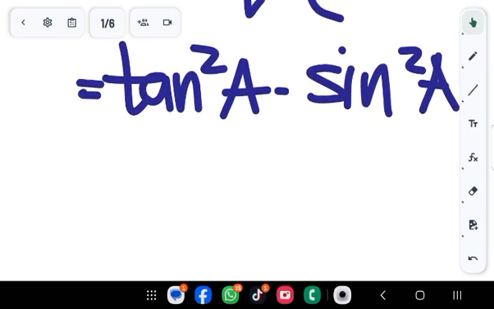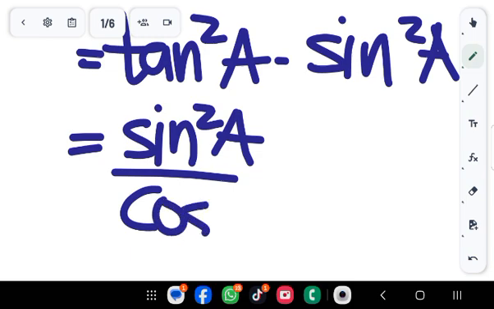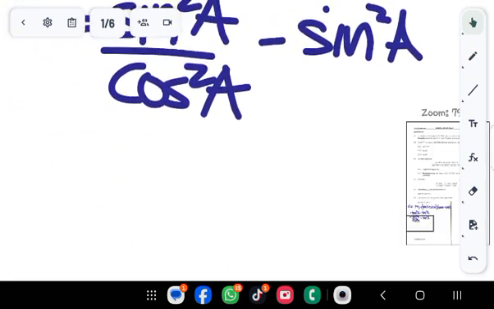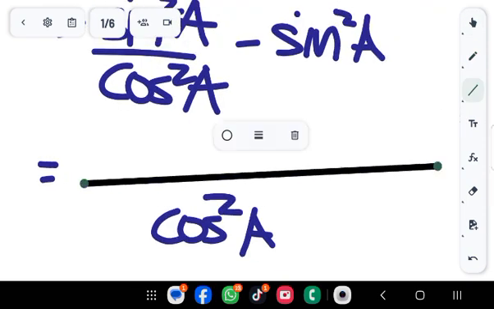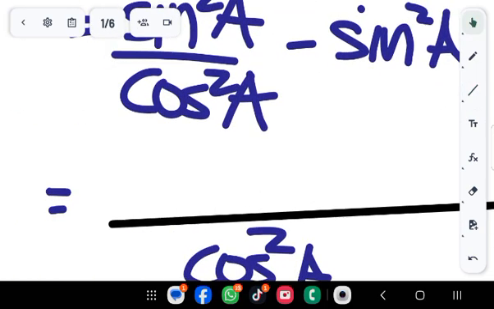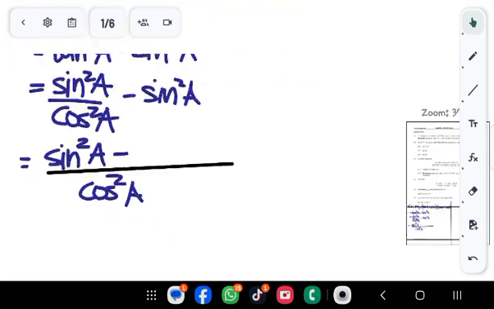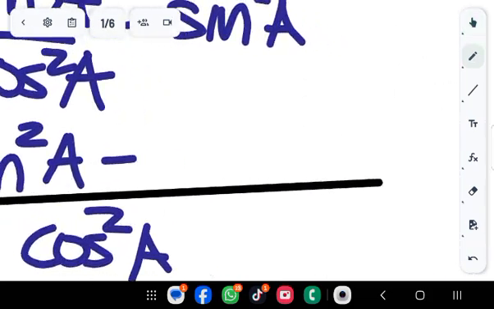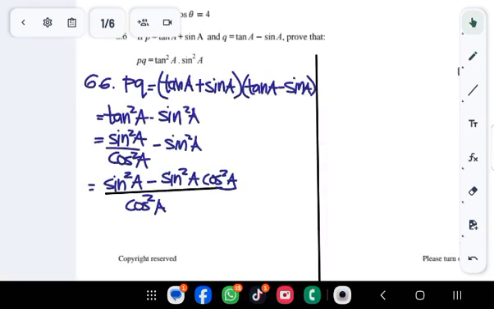Tan can be written as sine over cos, so that leaves us with sine squared A over cos squared A minus sine squared A. This leaves us with a lowest common denominator of cos squared A. That leaves us with sine squared A if we multiply both sides, minus sine squared A times cos squared A. Now you take out a common factor.